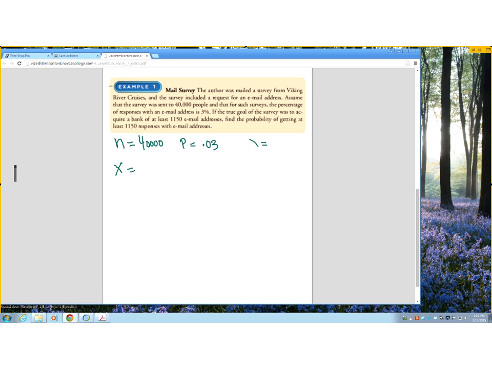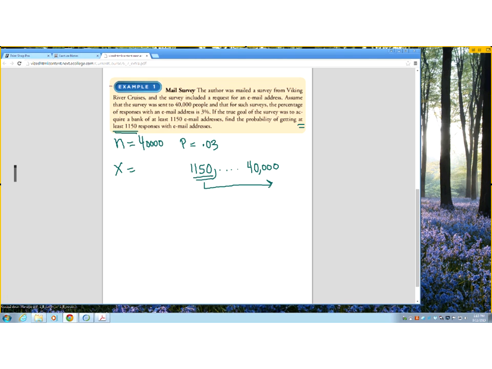That's always at the end, so let me move it. So x was supposed to be 1,150 all the way to 40,000. So it's 1,150 and anything bigger than that. That's what at least means, at least 1,150.